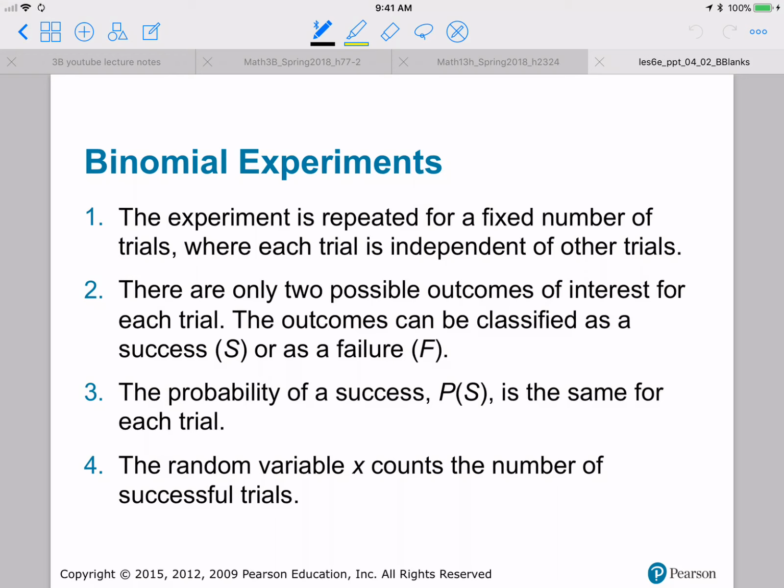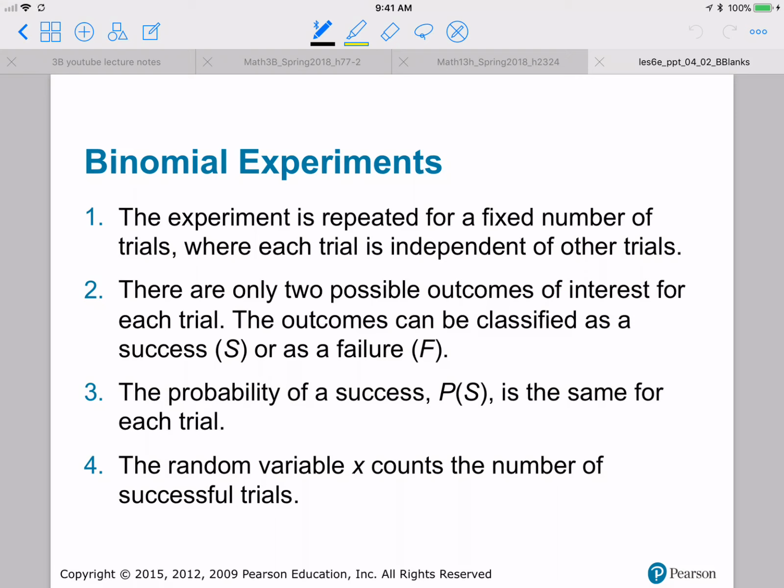Maybe you're structuring a clinical trial, and the trial is to give a patient a pill and see if the blood pressure of the patient drops below some magic number. Now, if you perform this trial on 200 people, that means that you have 200 trials.